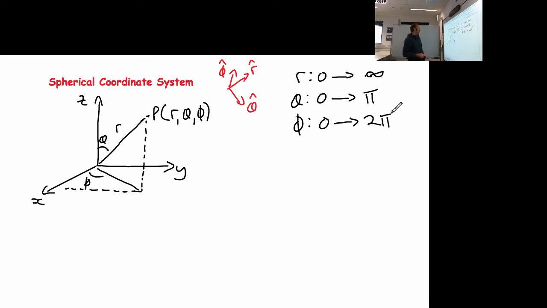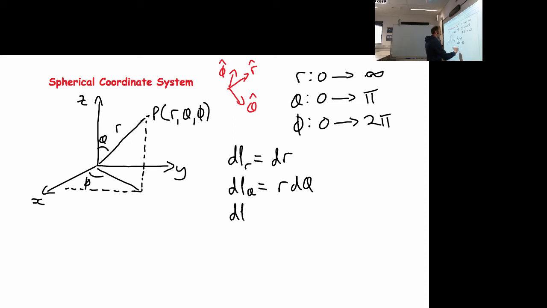Okay. Now with each of these, we can also define our infinitesimal displacement elements. So in the r hat direction, it's given by dr. In the theta hat direction, it's given by r d theta. And in the phi hat direction, it's given by r sine theta d phi.